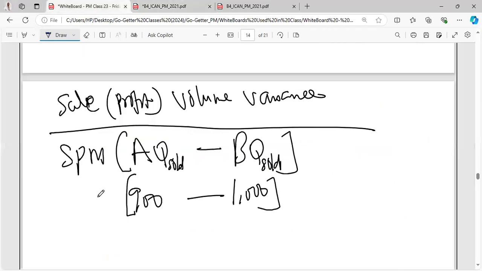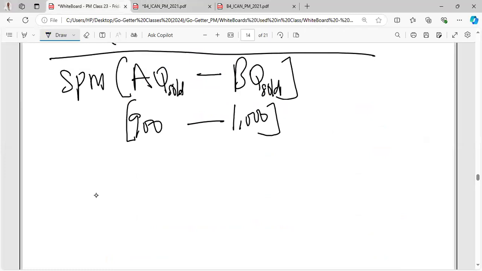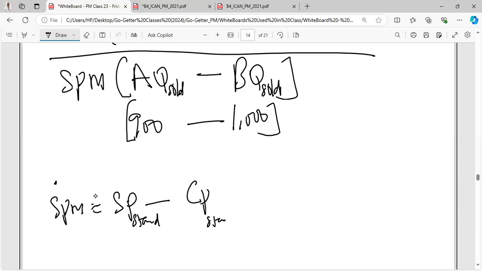So standard profit margin is standard selling price minus standard cost price. Your standard selling price is 15,000.